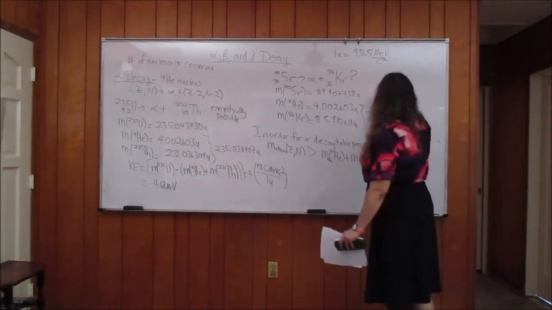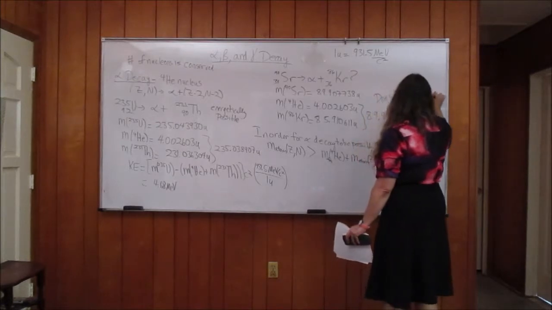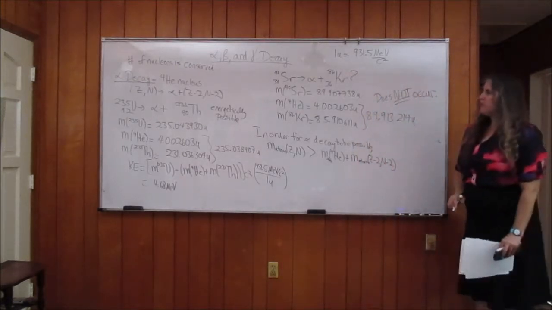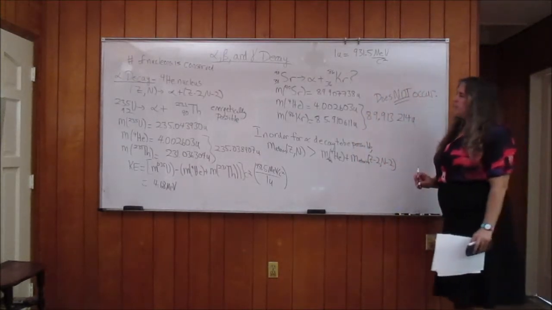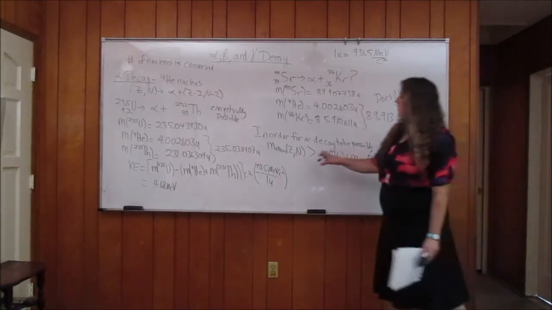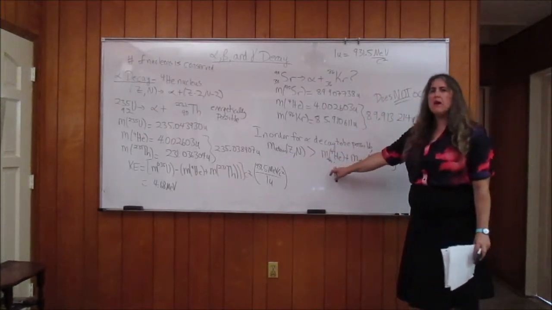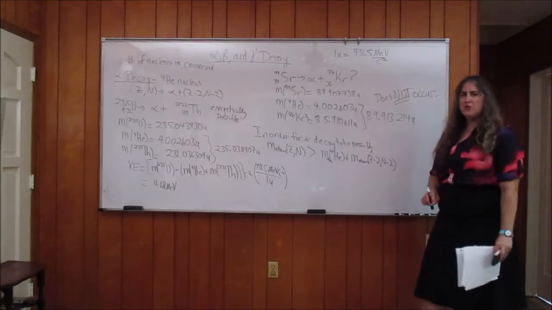So this does not occur. Okay? So if alpha decay is energetically possible, that means that the mass of the parent atom has to be greater than the mass of the helium atom plus the mass of the daughter atom.